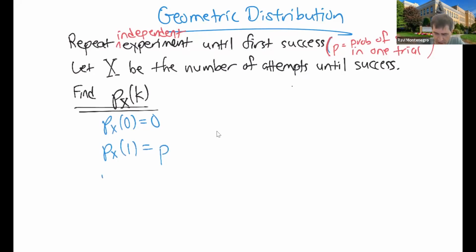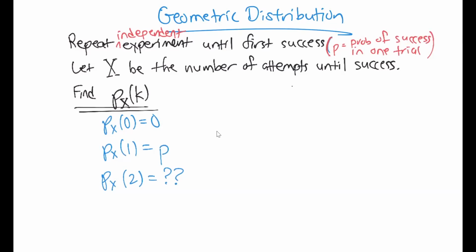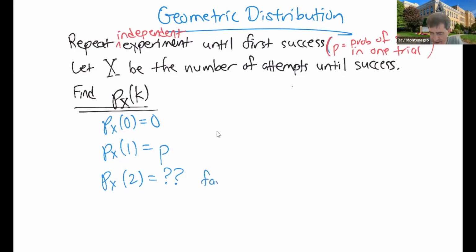Now let's look at 2. So if my first success is attempt 2, then what does that tell us about attempt 1? It didn't go so great. Yeah. So that means fail and then succeed.